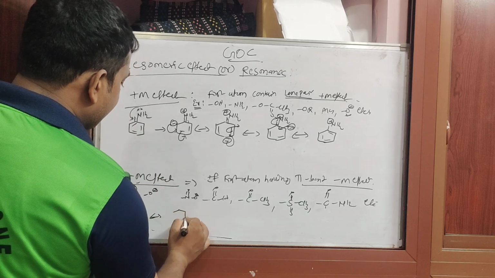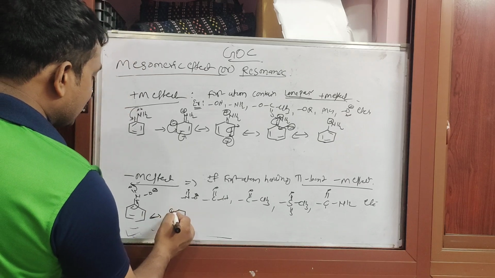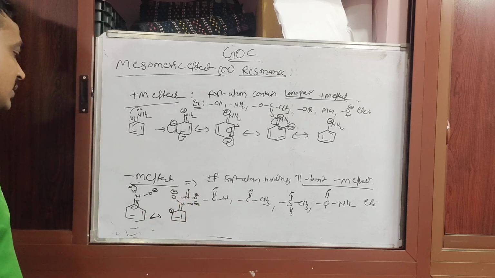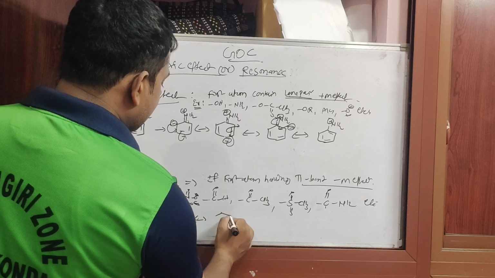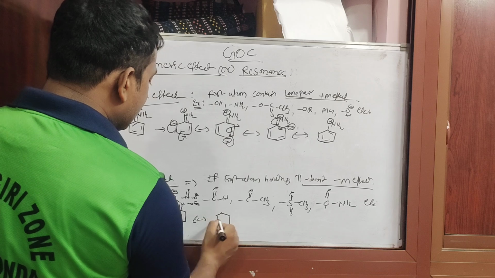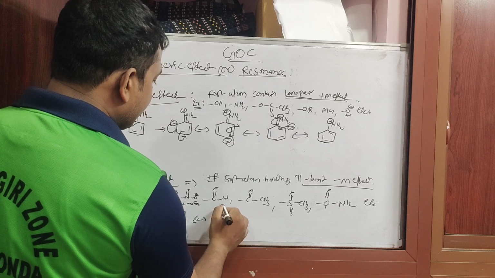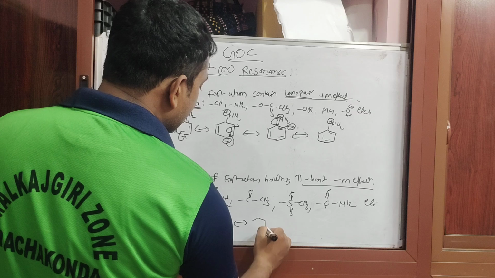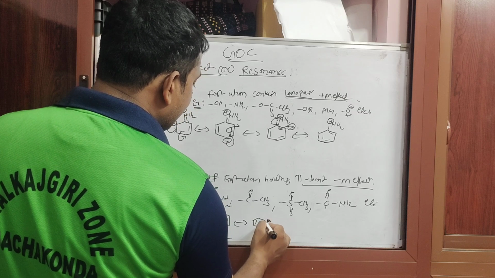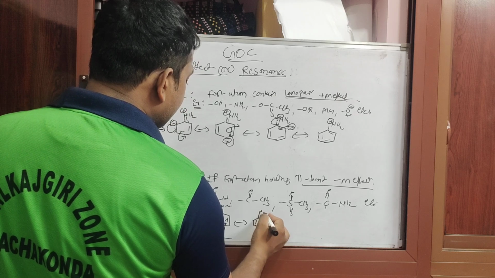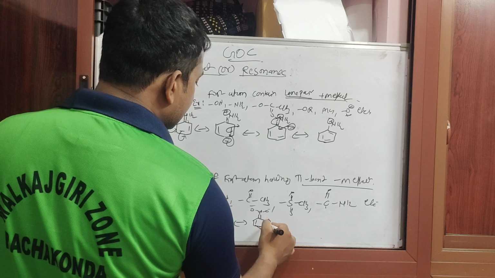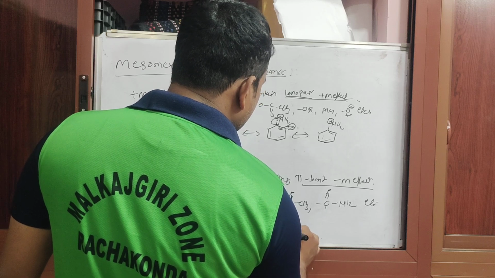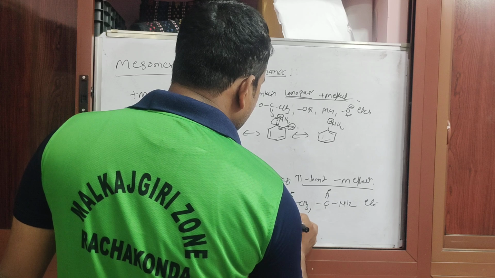In case of nitrogen, we get a positive charge, and the oxygens bear O minus. Continuing the shifts around the ring, again we get a positive charge, then O minus, then the bond pair shifts and we get a double bond and O minus.